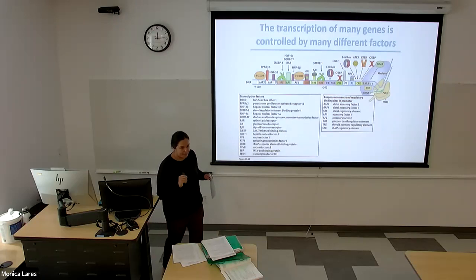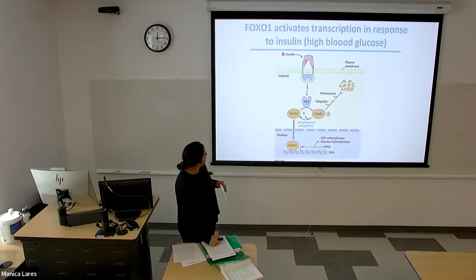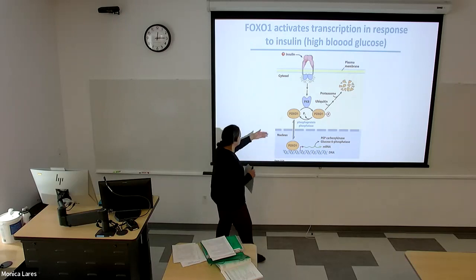So in response to higher insulin, FOXO1 activates which transcription? Yeah, let's look at that. So FOXO1 activates transcription in response to insulin. So insulin binds outside the cell. And then we have phosphorylation. So here's FOXO1 in the cytosol.